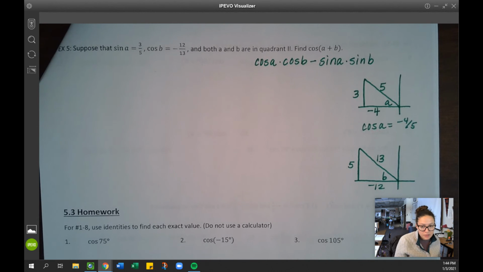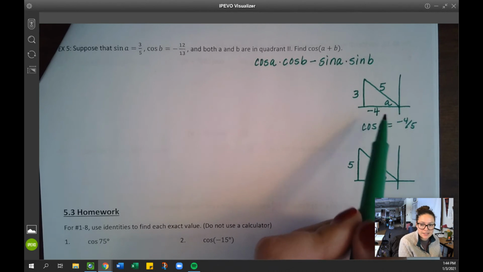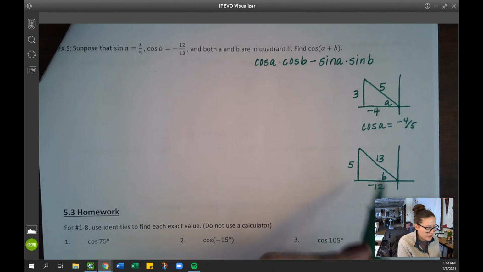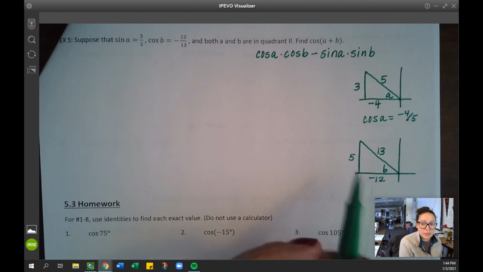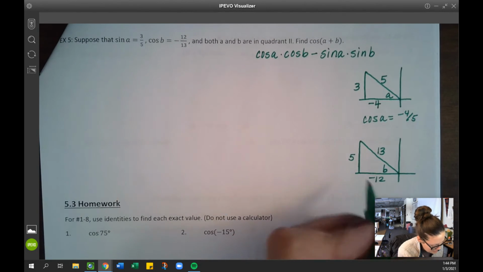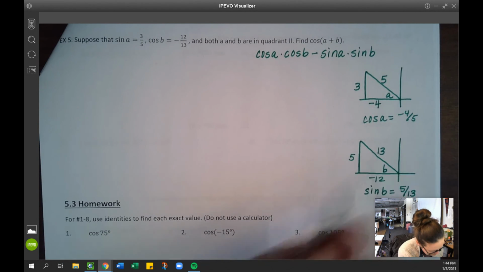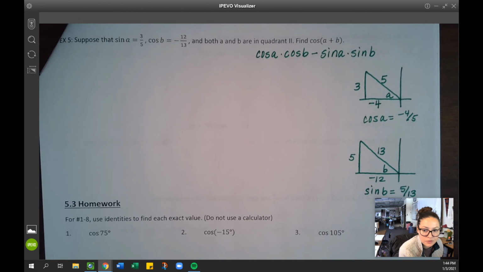You can always use the Pythagorean theorem to find the missing side. It's just helpful to know that 3, 4, 5 is a combination that's going to go together. Same with 5, 12, 13. That's another very common combination you'll see with right triangles. And we need the sine of B, which is going to be opposite over hypotenuse.